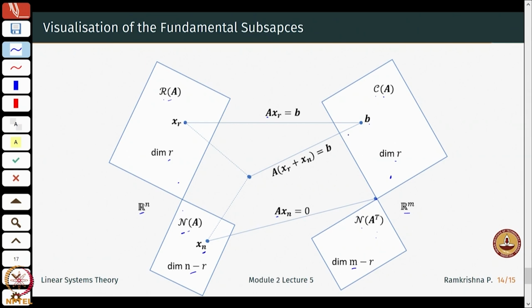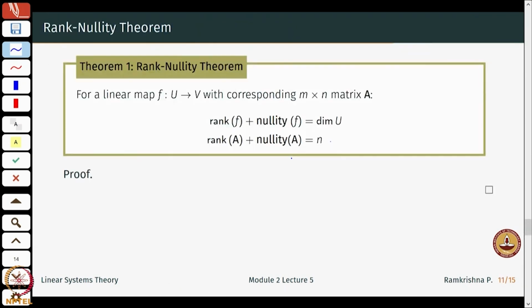If I take an element xr from the row space and an element xn from the null space, it will still map to here, which essentially means that A times xn is 0. So this is rewriting these two equations together. Okay. So that is a little visualization of the fundamental subspaces given a matrix representation of a transformation of dimension m cross n.